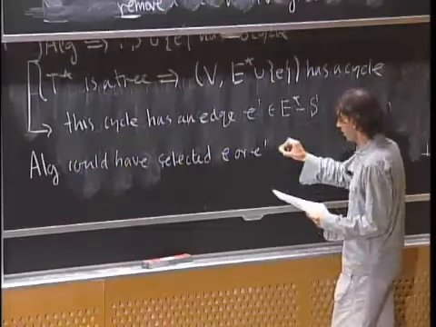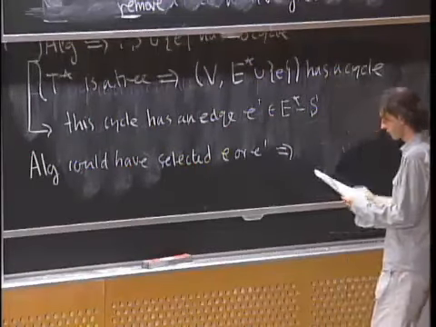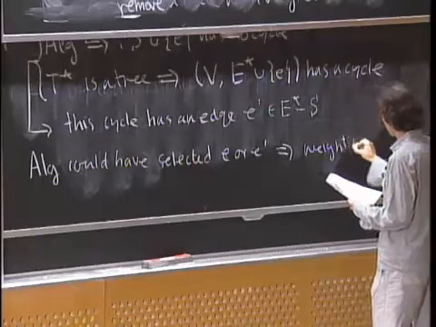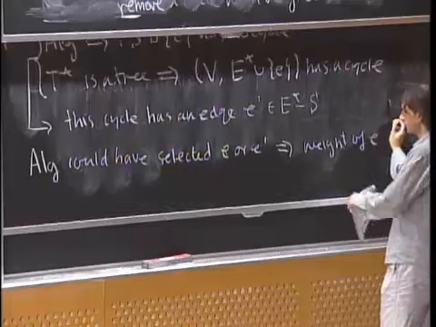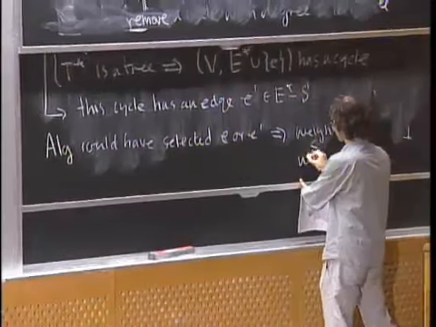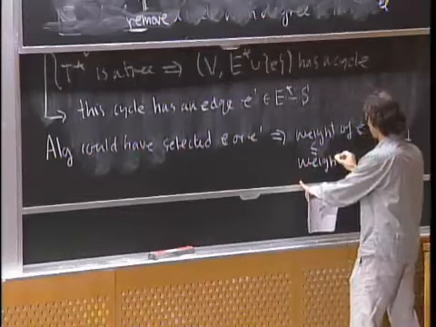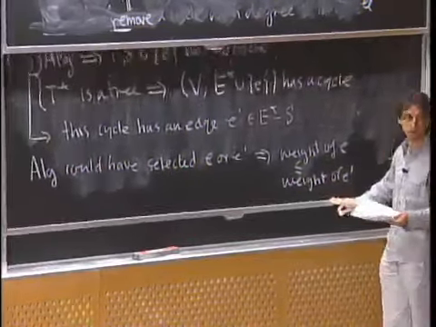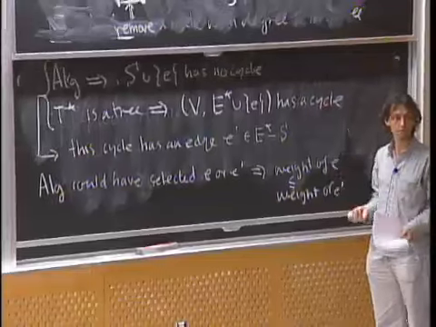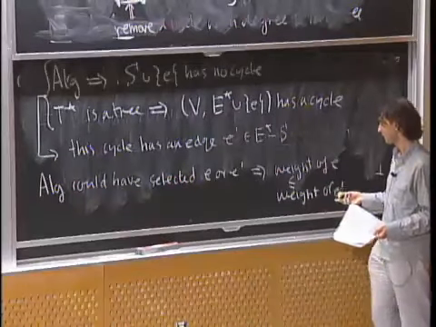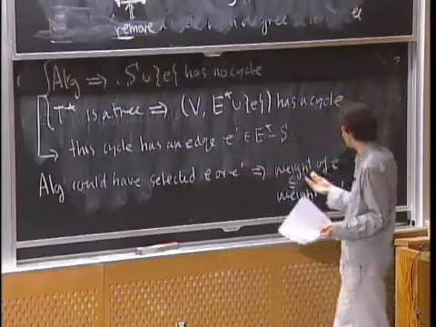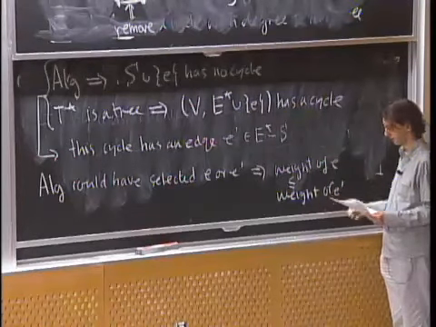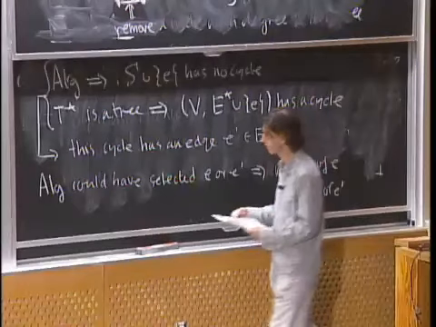So this really implies, therefore, that the weight of E is at most the weight of E prime. So why is this? Because the algorithm always chooses the minimum weight. And it can choose between E or E prime, but it chose E, so the weight of E must be less than the weight of E prime. So that's what we know also.